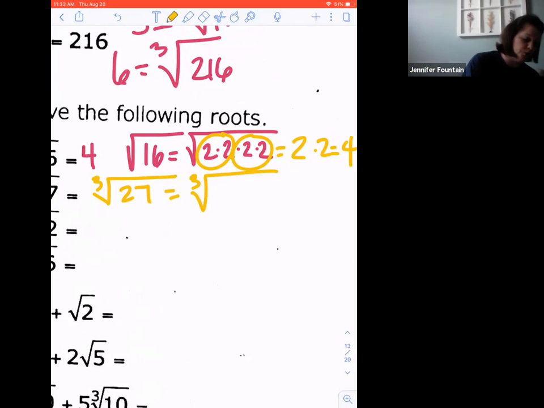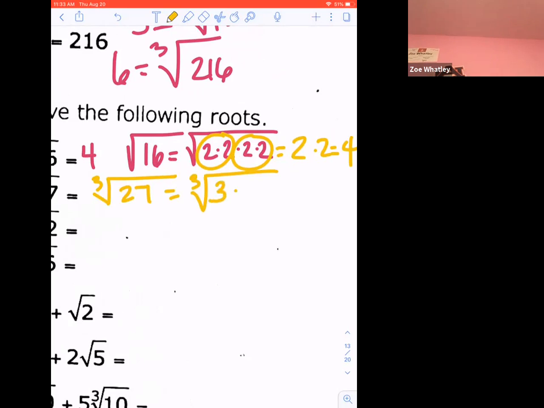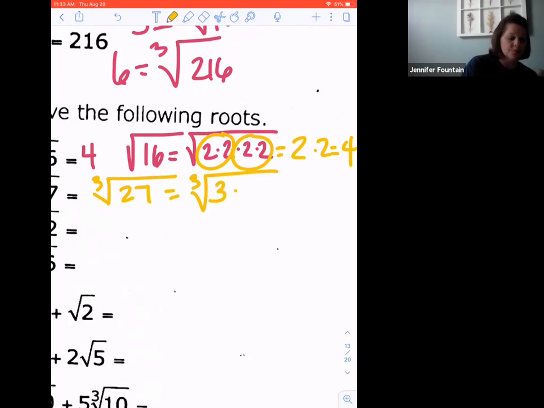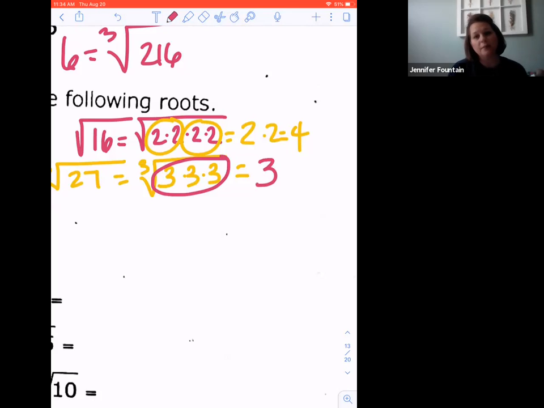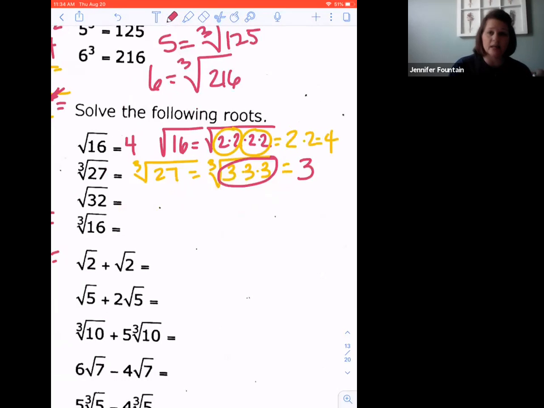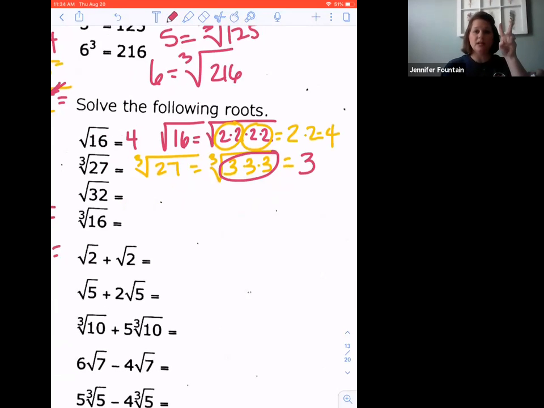I'm going to start with 3. 3 times 9 is 27, so 9 breaks down into 3 times 3. How many buddies do I have to have if I have a cubed root? I've got to have 3 buddies. Those 3 buddies come out as one whole number 3. So the cubed root of 27 is 3, because 3 times 3 times 3 equals 27.